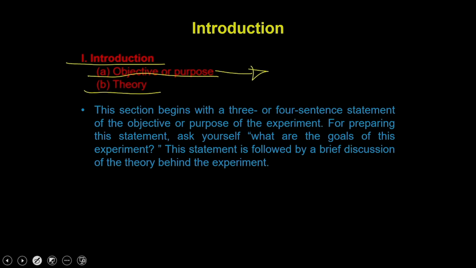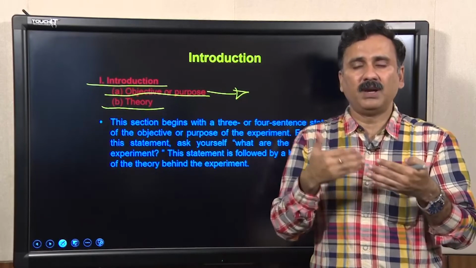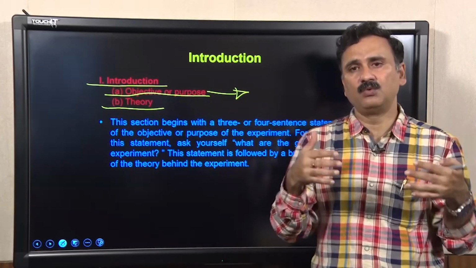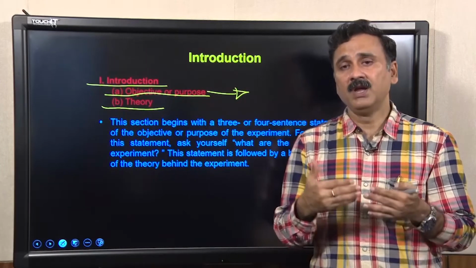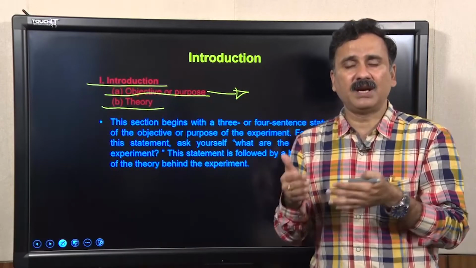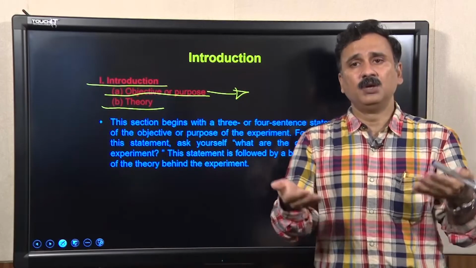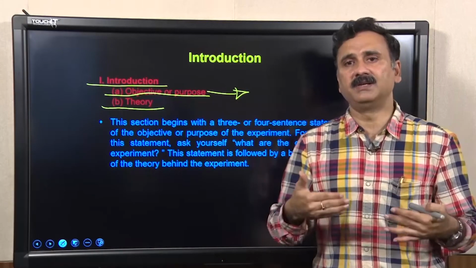Suppose I have an objective to understand how people see through their eyes. For example, I want to understand how people are actually perceiving a light stimulus. That is going to be my objective, that I have to design an experiment to understand how people perceive light stimulus.